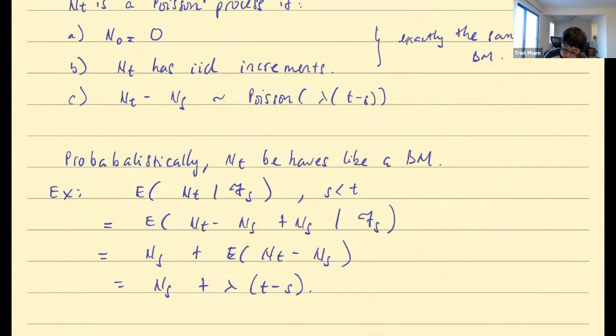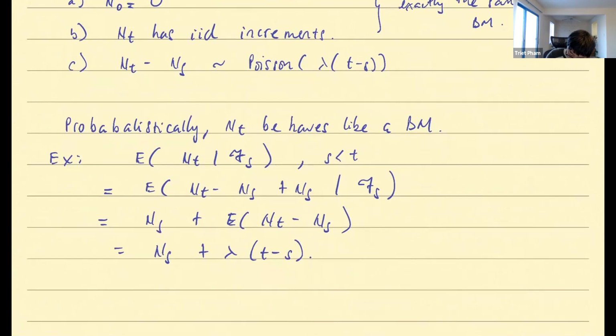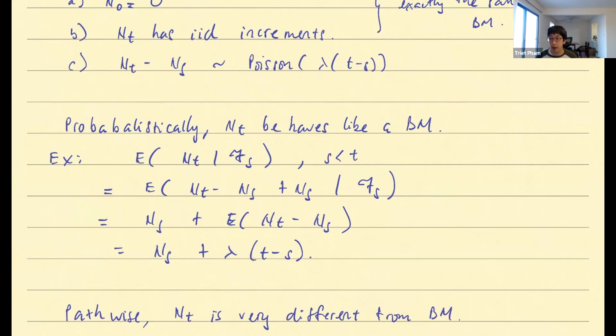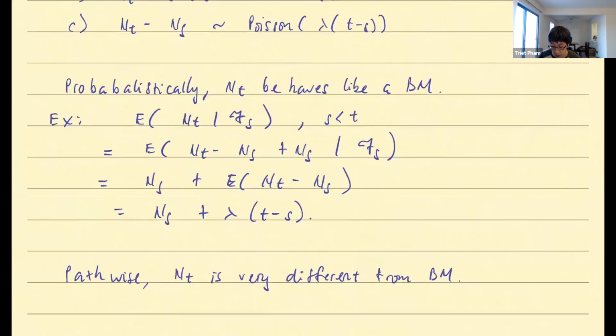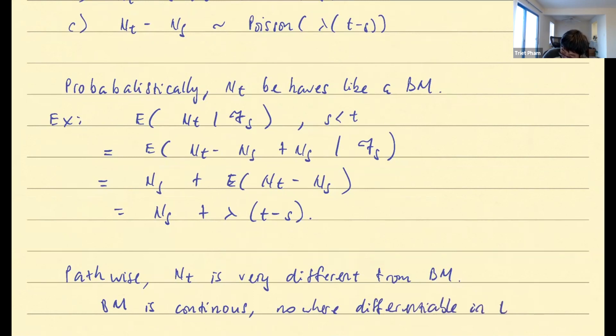On the other hand, in terms of calculus or pathwise, the Poisson process is very different from the Brownian motion. Actually, you can say it's exactly the opposite of the Brownian motion. So in other words, the Brownian motion itself is continuous, but nowhere differentiable in t.